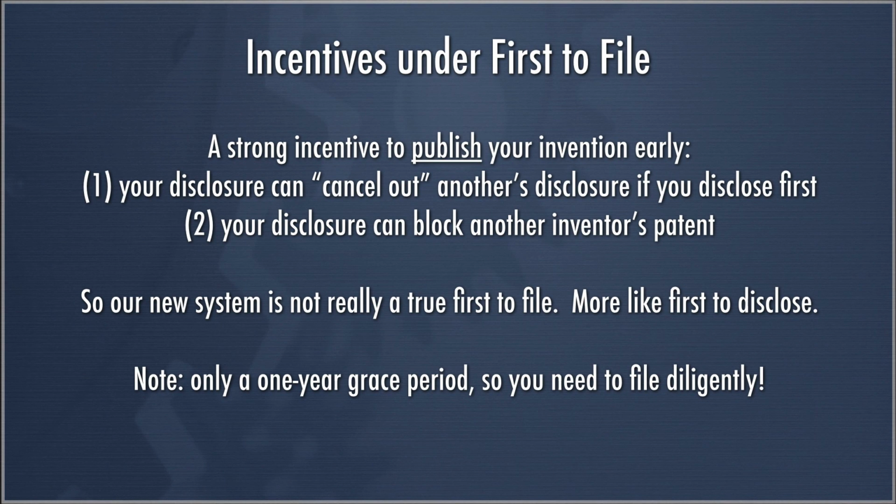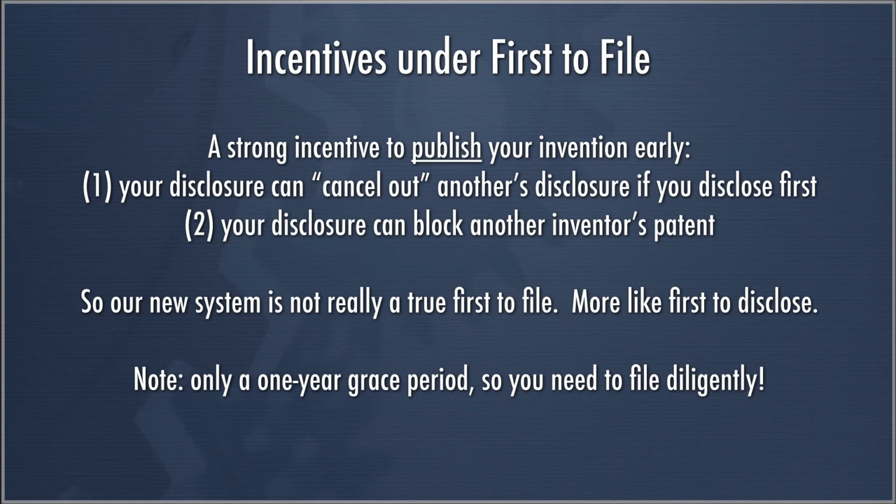So although we talk about our system as a first-to-file system, in reality, in operation, it works a lot more like a first-to-disclose system. Because although you have a strong incentive to get to the patent office quickly with your patent application, you have in some ways an even stronger incentive to publish your innovation, your invention, as early as you can, because you do get some exceptions, as we've talked about, to your own publications, and yet your potential competitors or your opponents in seeking patents don't get such exceptions.